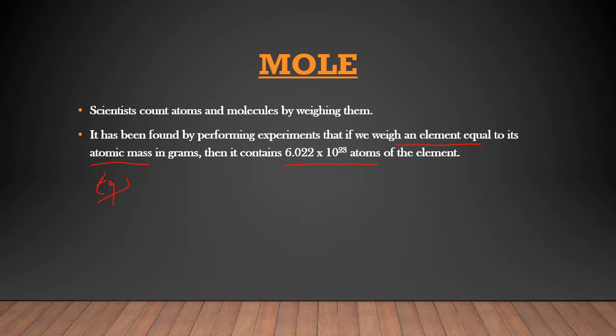I'm taking an element, magnesium. Atomic mass of magnesium is 24. I need to express it in grams. So if I take 24 grams of magnesium, it will contain 6.022 into 10 raised to 23 atoms.